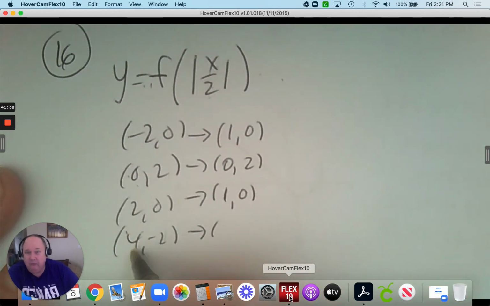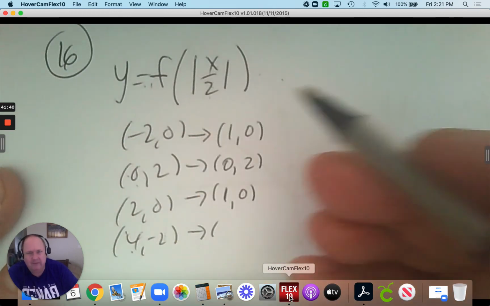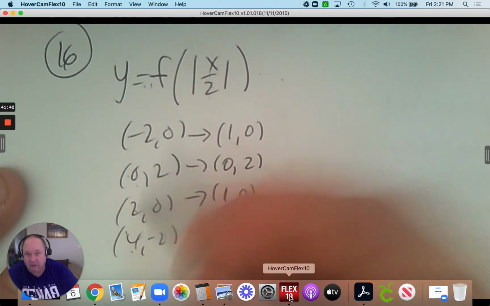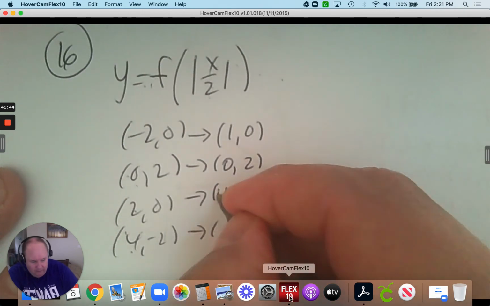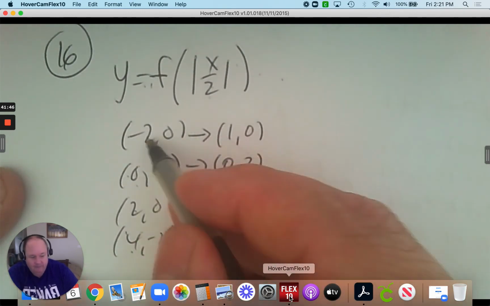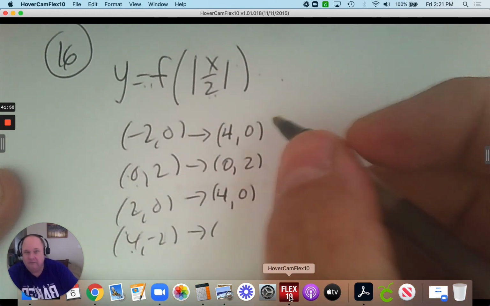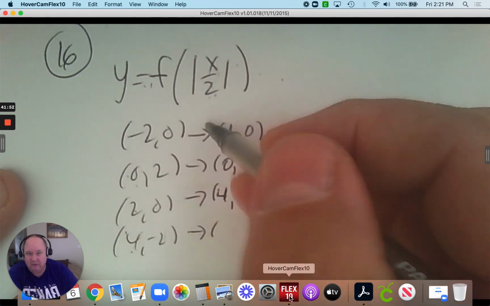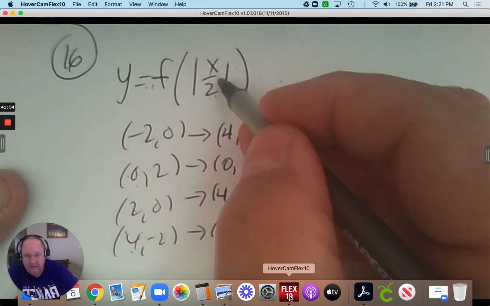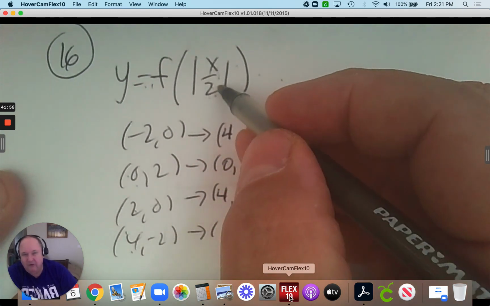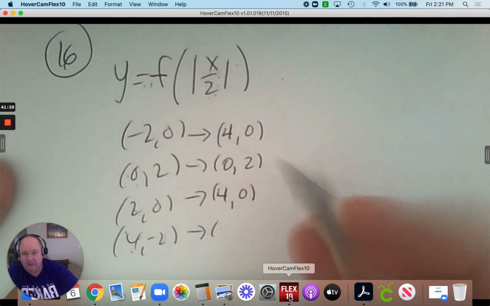And then 4 divided by, why am I dividing? Again, multiply. So 2 times 2 is 4. Negative 2 times 2, and absolute value, this should be a 4. It's the inverse of what you see on the inside. So you multiply it times 2 and then the absolute value.